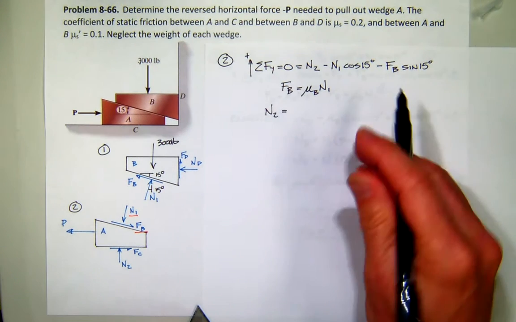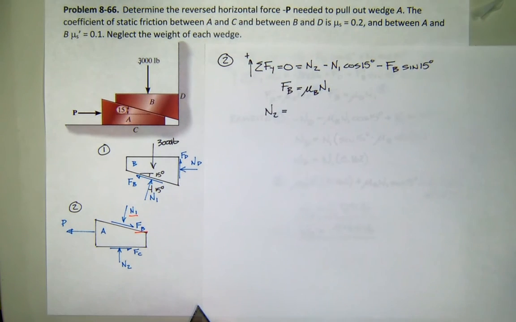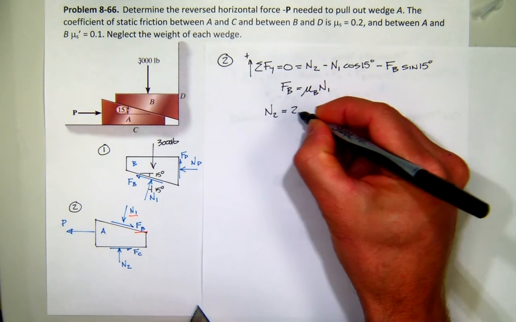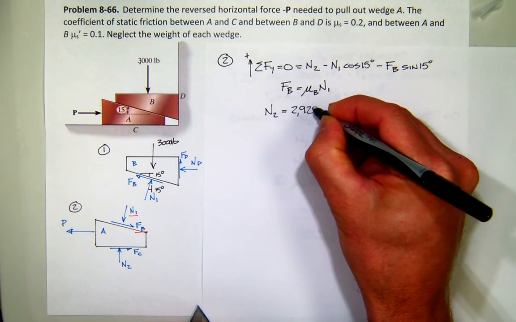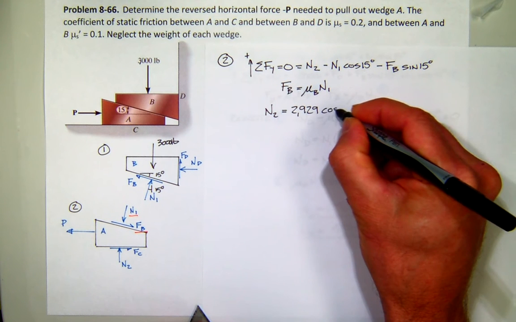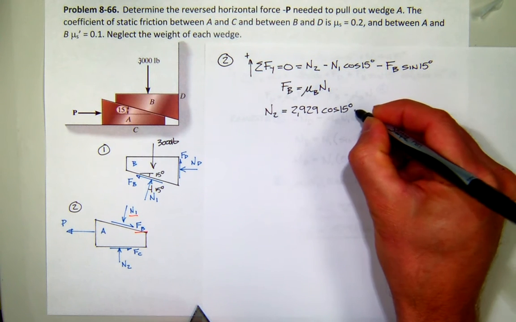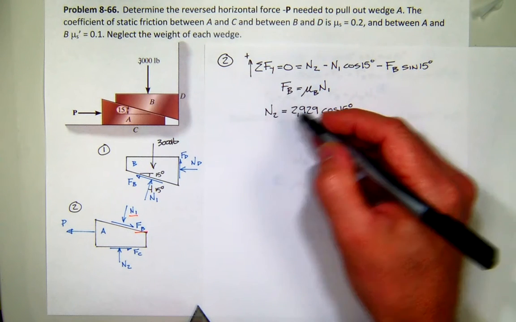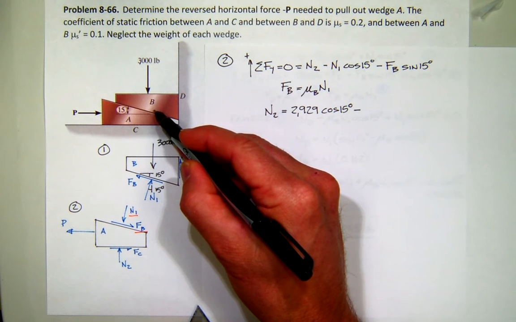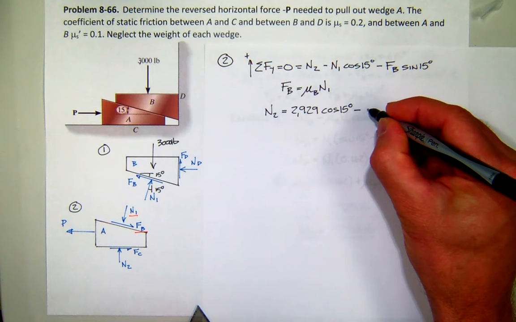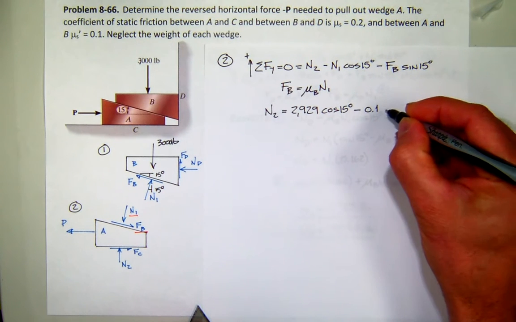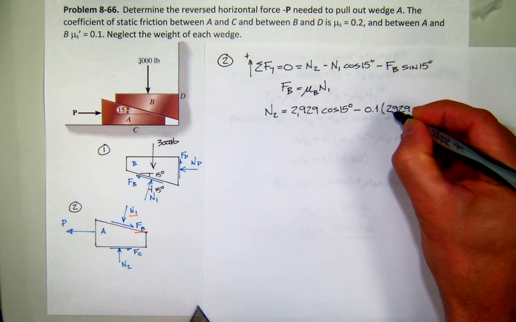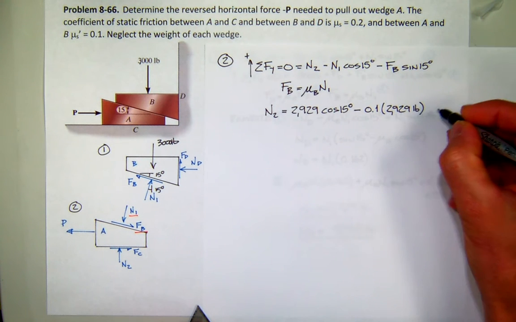What did we solve for N1 as? It's 2,929. So that'll be 2,929, that's N1, cosine 15 minus this, which is mu B. That's the difference between the two wedges, which is 0.1, times the same normal force, 2,929, times sine 15.